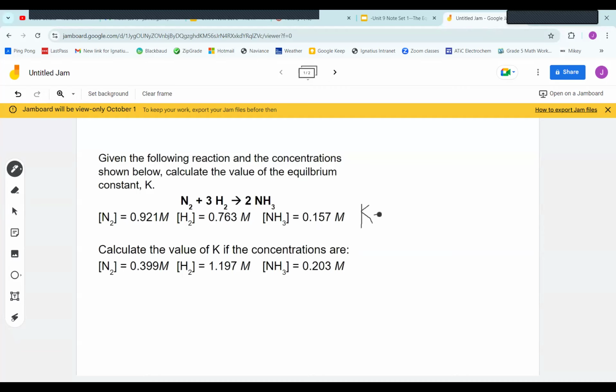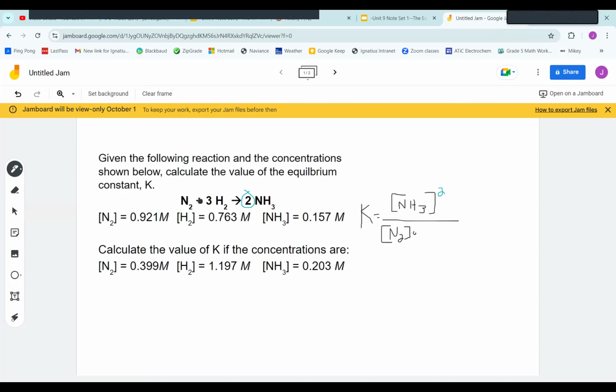K, the equilibrium constant, is equal to the concentration of, in this equation, there's one product, NH3, and its coefficient is 2. So we're going to make sure to square that concentration. There are two reactants, N2, that we'll put in brackets.